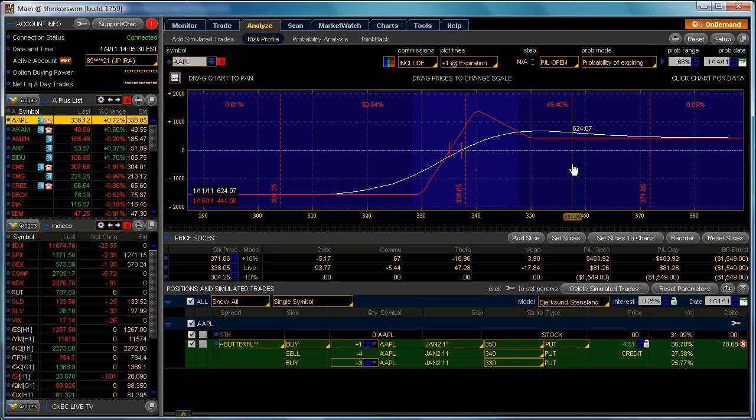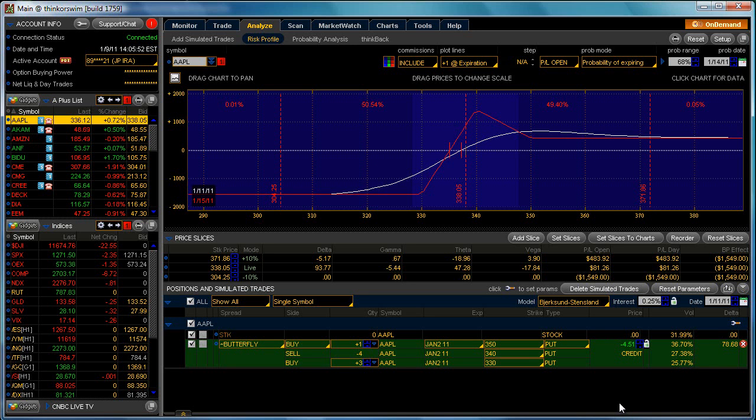But if it takes off on you and goes up to 350, you're still going to have $440 in profit. If it goes up to 370, you still have the 440, which is really your credit down here of $450 or $4.51. So that is a pretty good deal.